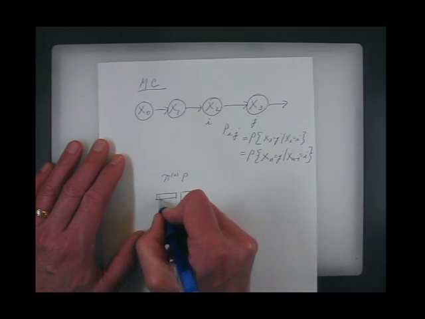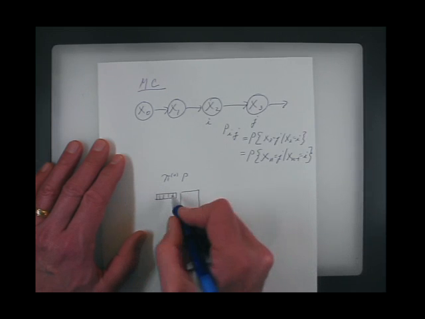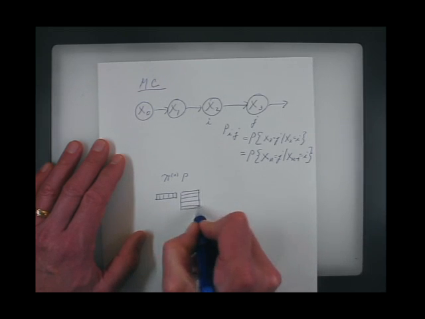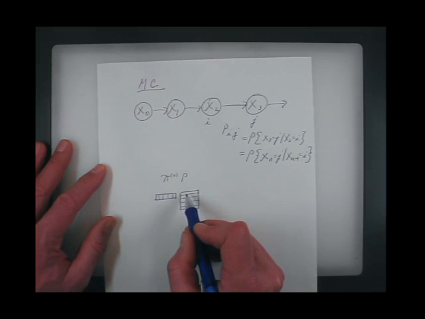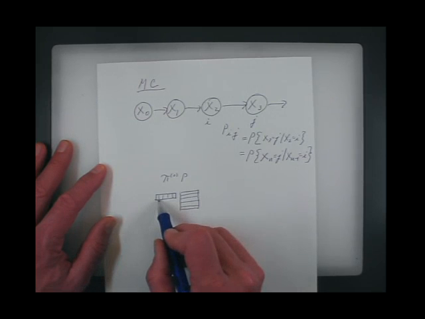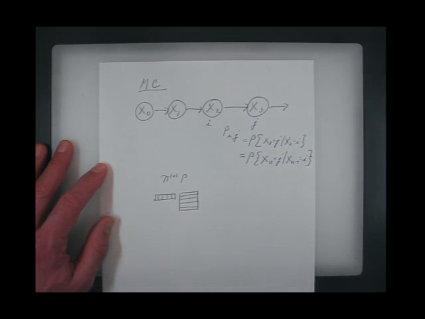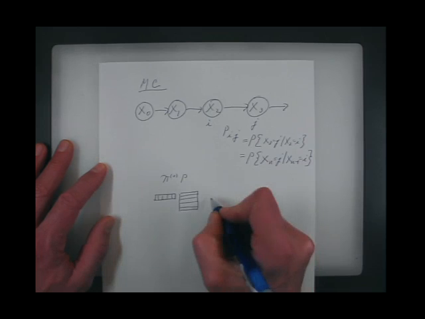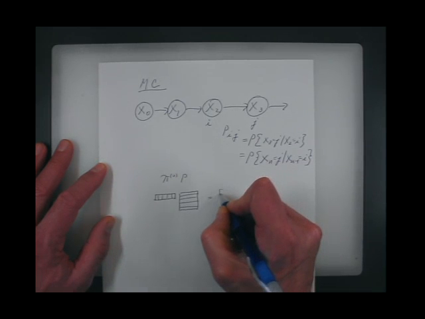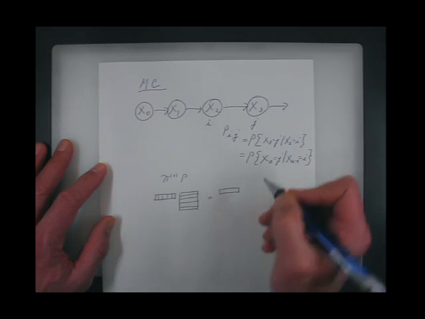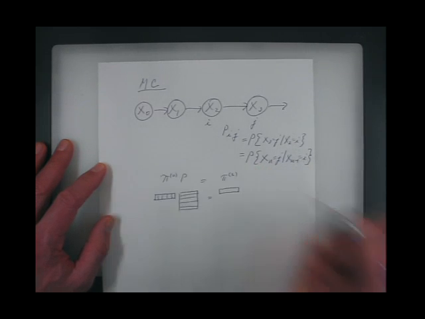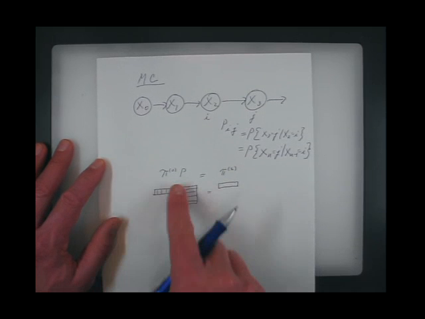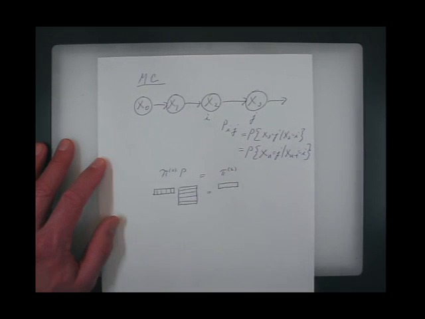If you have one element of this vector, it would sort of pick off a single row. So the row has to sum to 1, and each row represents the probability distribution of all the transitions possible from a particular state. So that thing is going to be equal to the new thing, which is going to be pi 1 in this case. So this is a matrix P with elements P_ij.